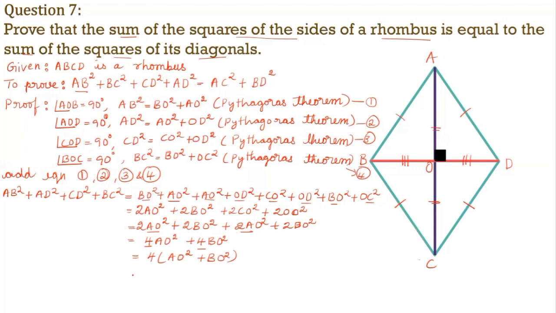The relationship between AO and AC is AO is half of AC, so you can write half of AC whole square plus in place of BO half of BD whole square. Now 4 into AC square by 4 plus BD square by 4.